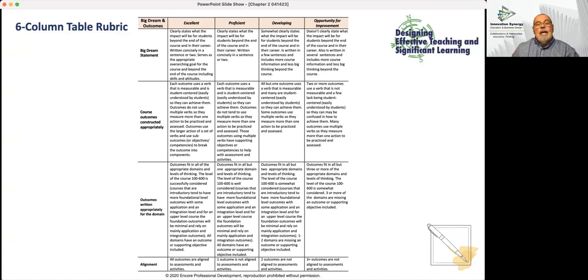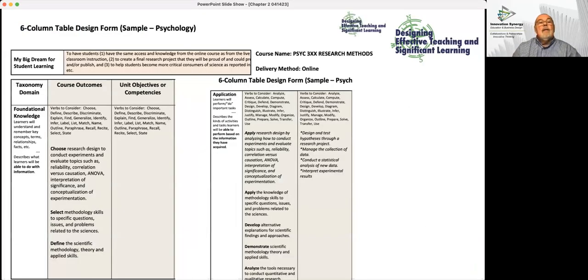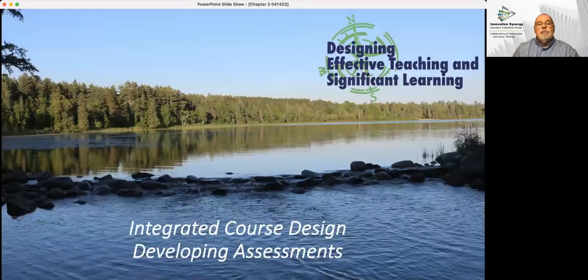You're going to have to see the rest of the parts to this chapter to see the alignment piece. But there is a rubric that's in here for the 6-column table that we've included. So when you're done, here's what it's going to look like. Your course outcomes are here, your foundational knowledge, your application. You're going to have some that are there for each one of the domains.